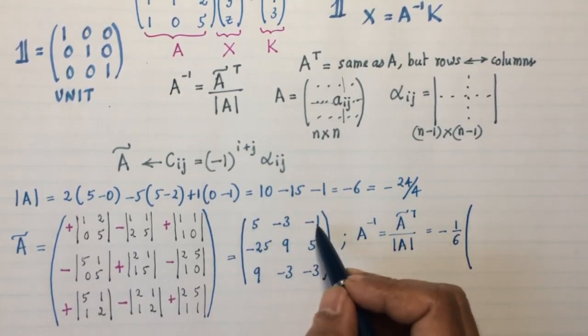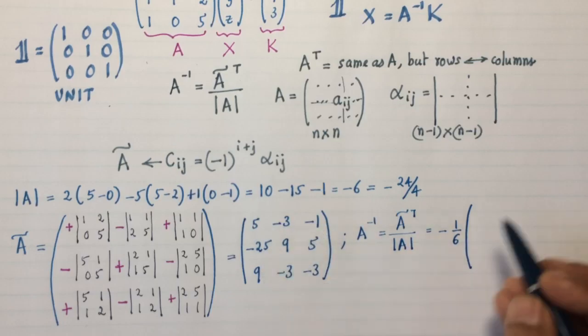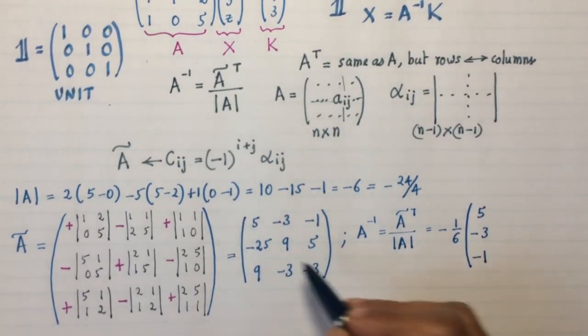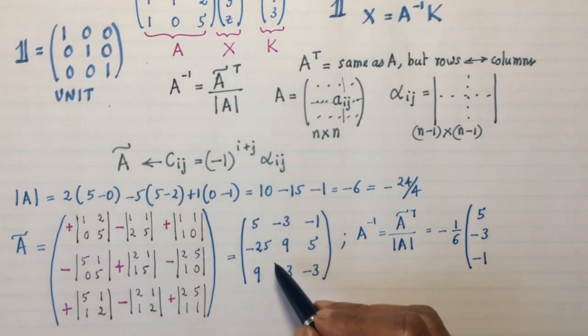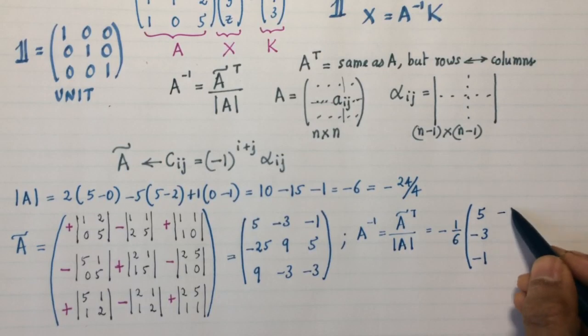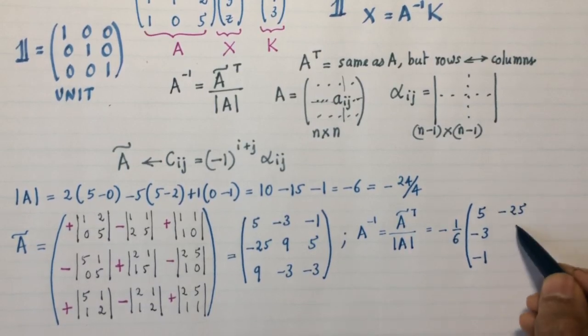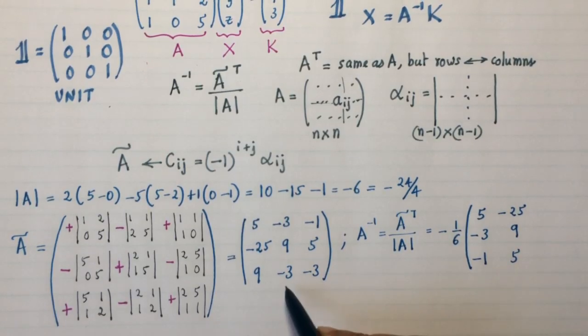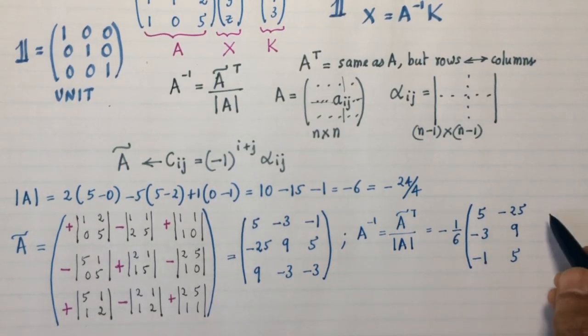So I get 5 minus 3 minus 1, and 25, 9, 5, which is the second row, becomes the second column, and 9 minus 3 minus 3, which is the third row, becomes the third column.